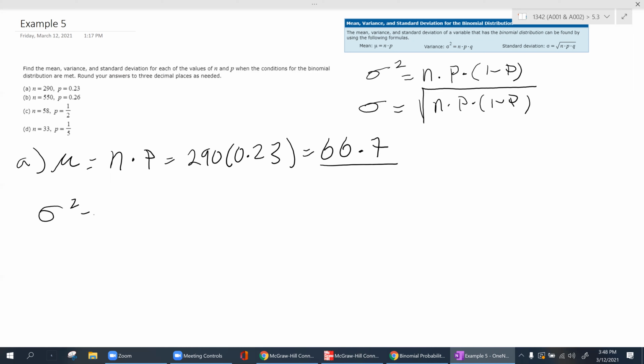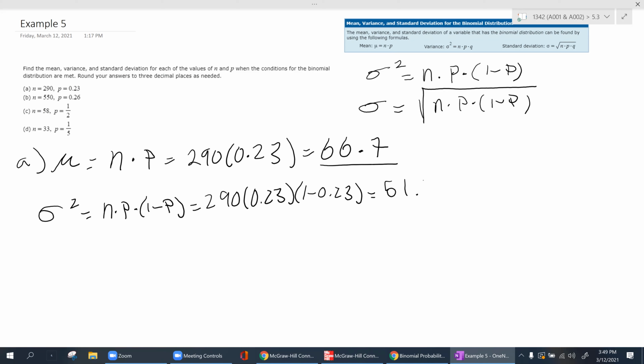For my variance, this is going to be n times p times 1 minus p, which is 90 times 0.23 times 1 minus 0.23. This is 15.939 to 3 decimal places.